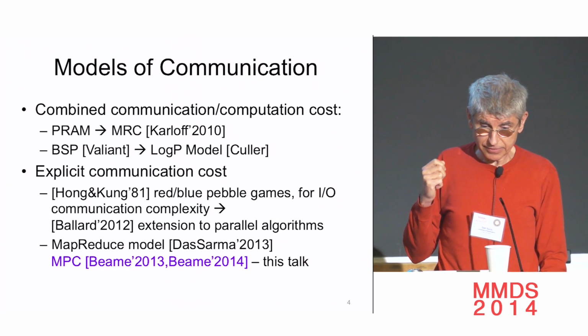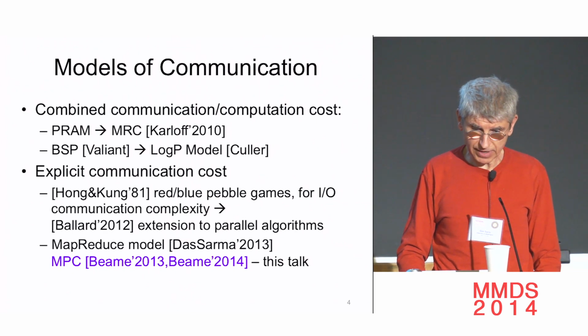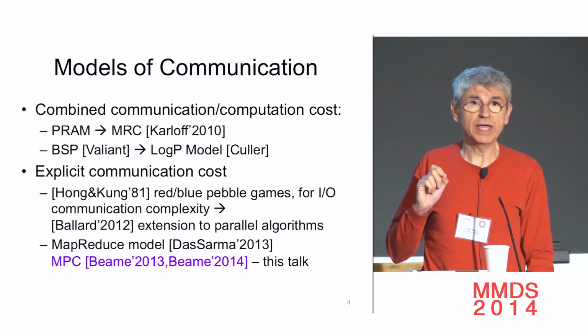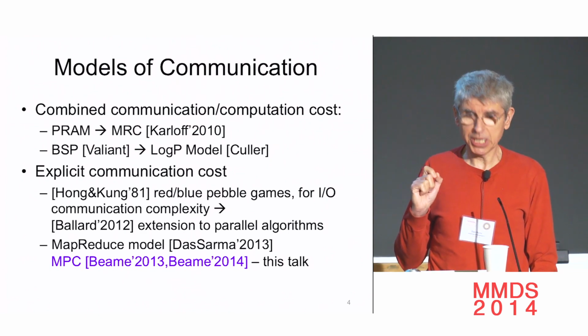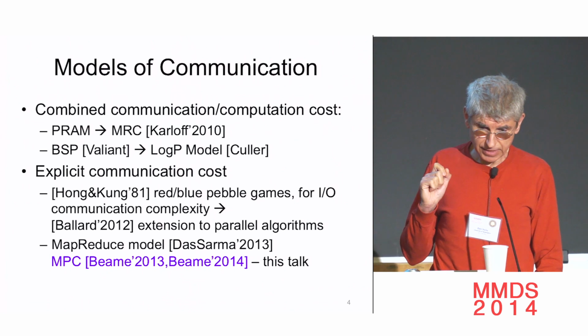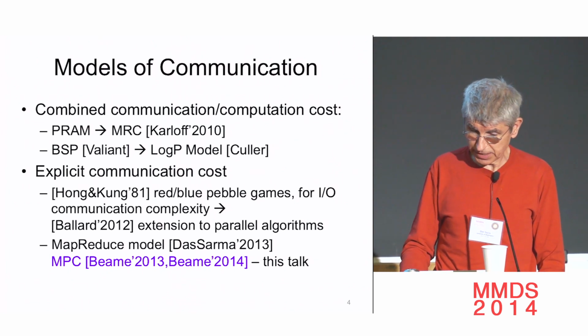More recent models that we are interested in were developed by Das Sarma, Ullman and Afrati. But this talk today is going to be focused on a very simple model of communication that we developed that's published in two papers in PODS 2013 and 2014.